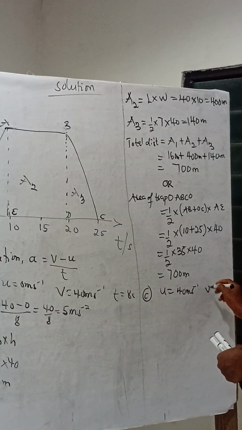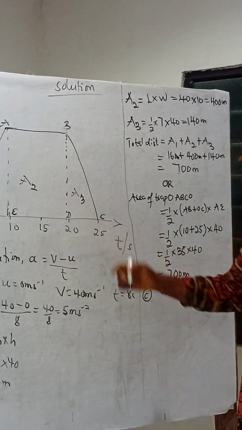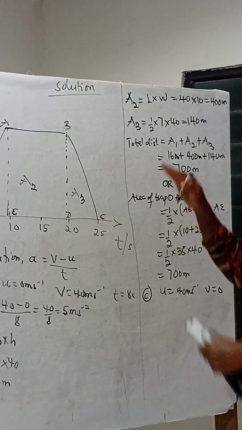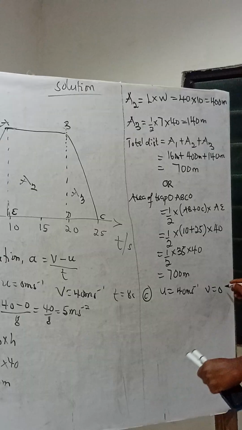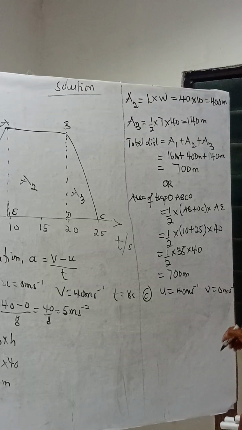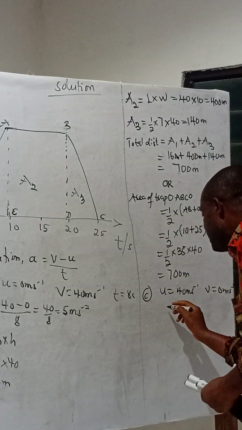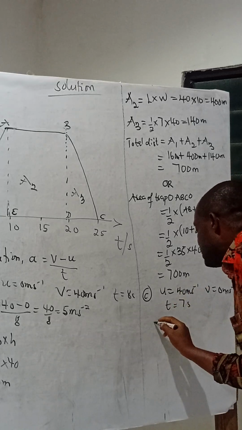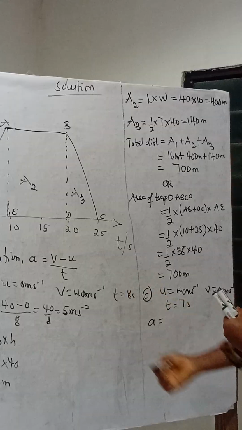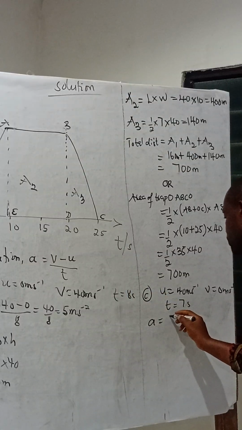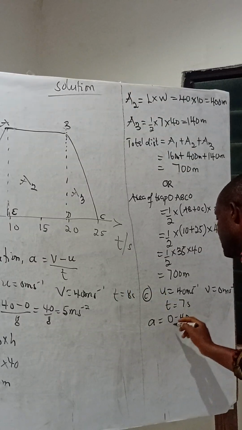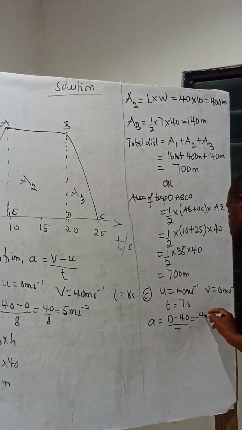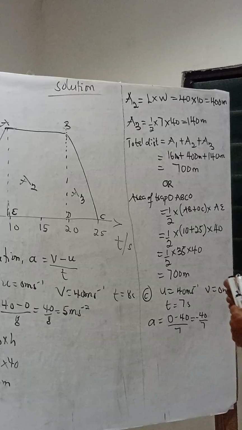Then our V is the final velocity, and that will be 0, because that is where the car will come to rest. So that is meters per second. Then at what time? It did so in 7 seconds. So the acceleration or deceleration is 0 minus 40 divided by 7, and that is going to be negative 40 over 7. Let's compute that.